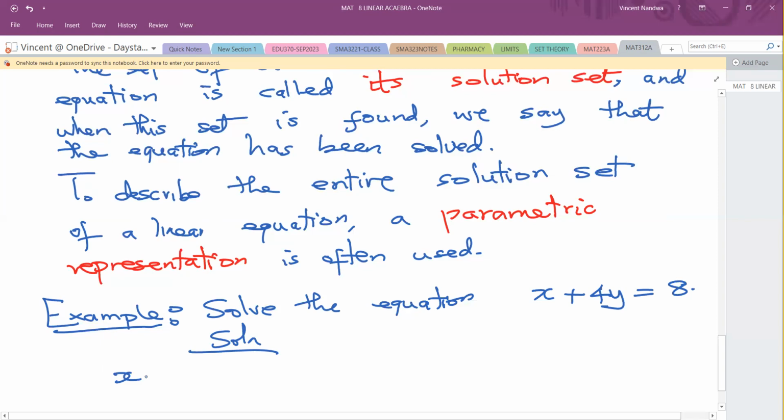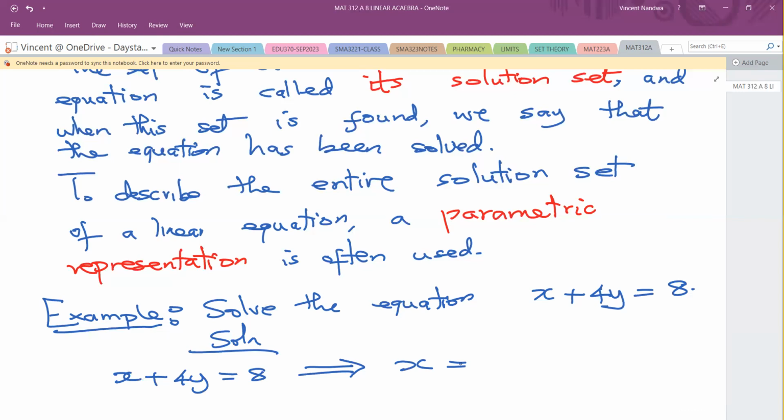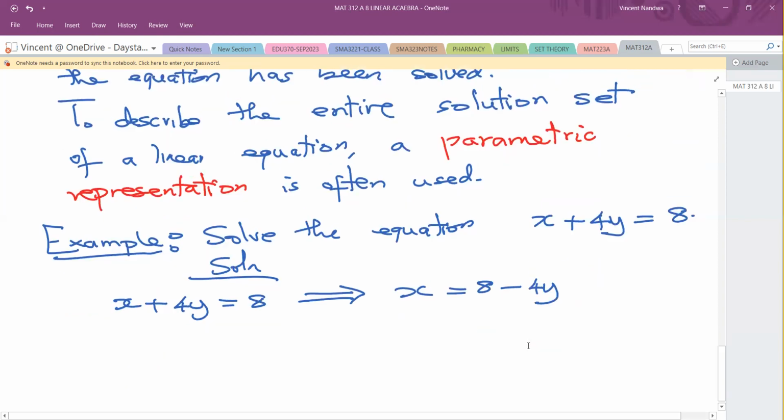Say when we have x plus 4y equals 8, this means x alone is 8 minus 4y, correct? Good. So now we assume that we know the value or the solution for y and fix it to be a given value, which we represent as a letter we call a parameter.